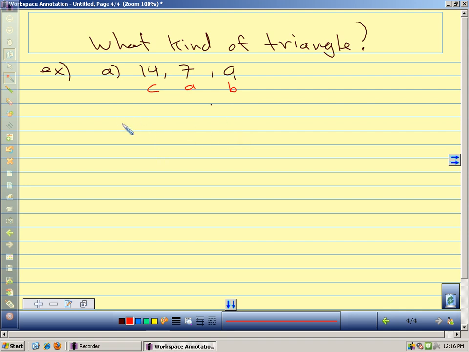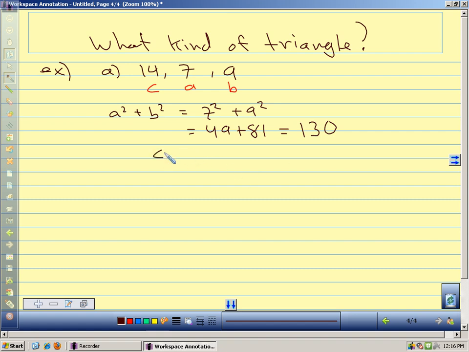So let's see if this works in the Pythagorean theorem. Again, our clue here, we want to see, does it work in the Pythagorean theorem? So a squared plus b squared is 7 squared plus 9 squared. And that's 49 plus 81, which, when I add those together, I get 130.